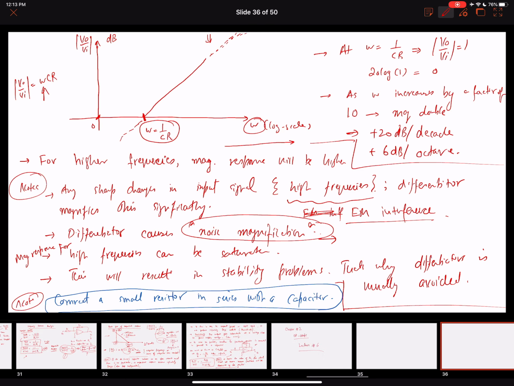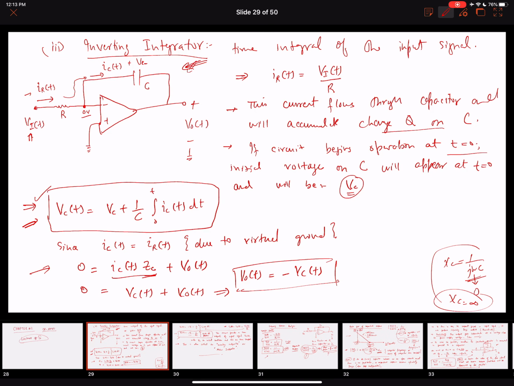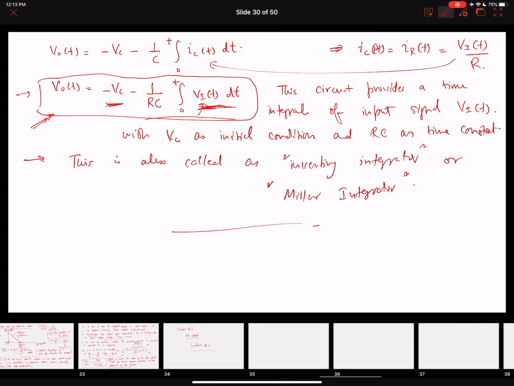In the last lecture, we talked about the integrator, and this was its configuration: a capacitor in the feedback and the resistor connected with the input. This is the output voltage over here. The output voltage was minus Vc, the initial voltage due to the initial condition, and then this voltage value. So this is what we are going to use now.